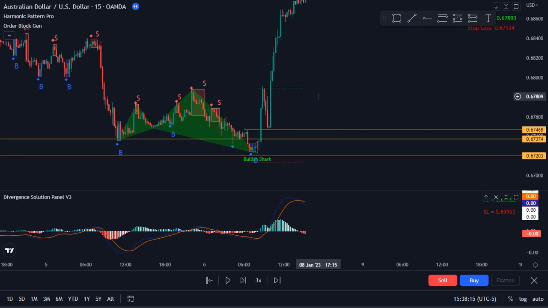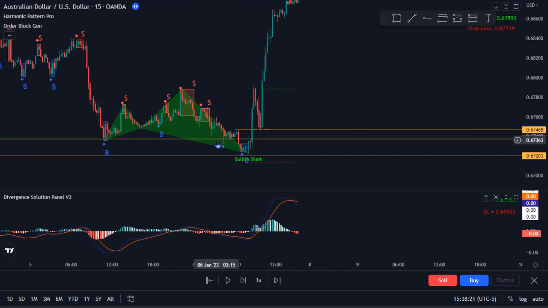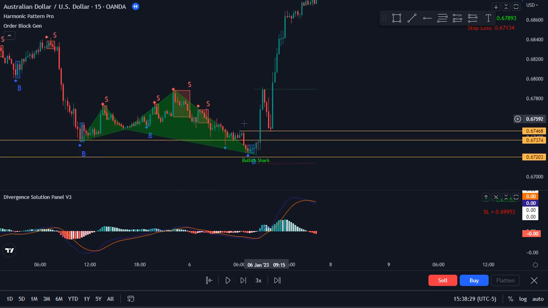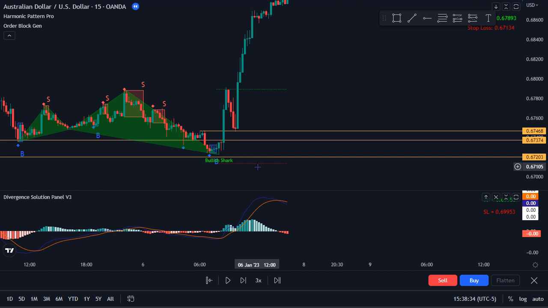So here we are with the 15-minute, and we see a very similar pattern, just like we saw on the 4-hour, with all of these confirmations lining up. We have a bullish shark pattern, and look how the shark pattern forms perfectly inside of our 4-hour zone.